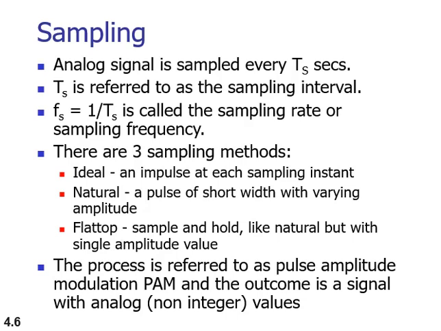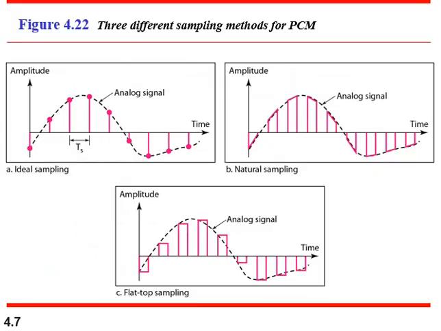But when we compare the third sampling method, that is the flat top method, it is the most commonly used sampling method, which, like I said earlier, is also known as the sample and hold method. In this method, it creates a flat top at the samples.